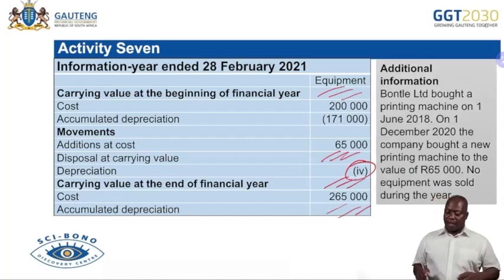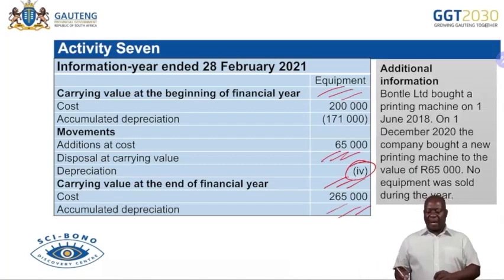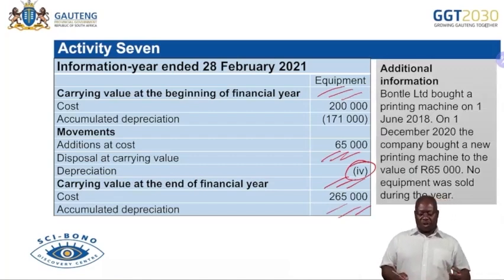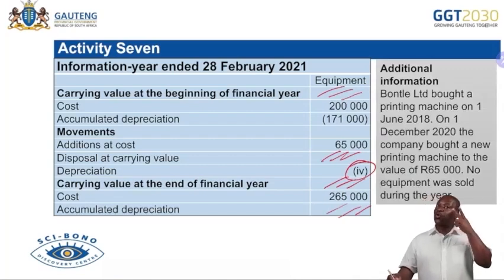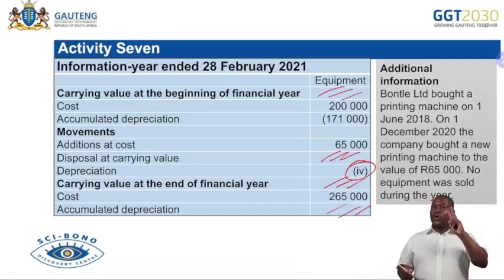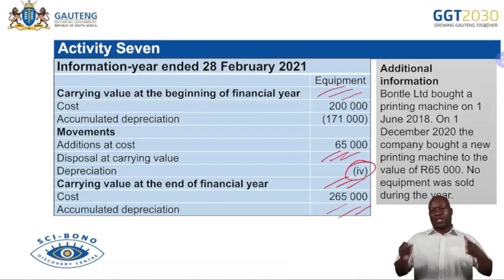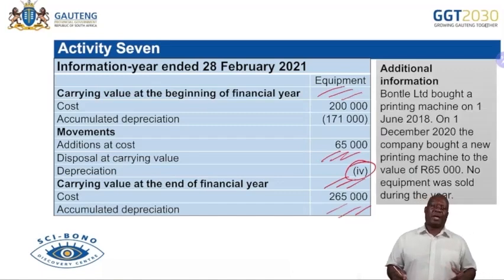And then on 1 December 2020, the company bought a new printing machine to the value of 65. No equipment was sold during the year. So it means we are now having two printing machines, the old one and the new one. So when we calculate depreciation, we cannot calculate them combined. We need to calculate for the old one and then calculate for the new one separately.